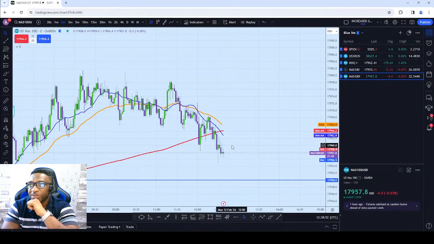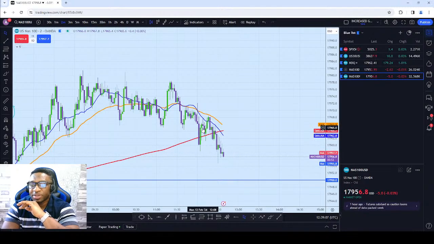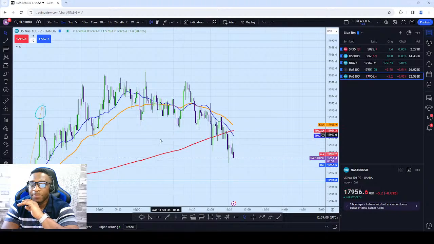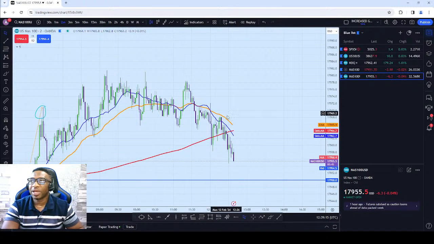But if you have more experience, you can take advantage of price as it moves above or falls below the moving average. But if you don't have that much experience, just go with the trend. As it goes up, you just flow with it.